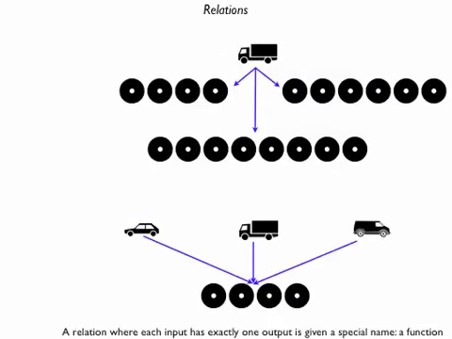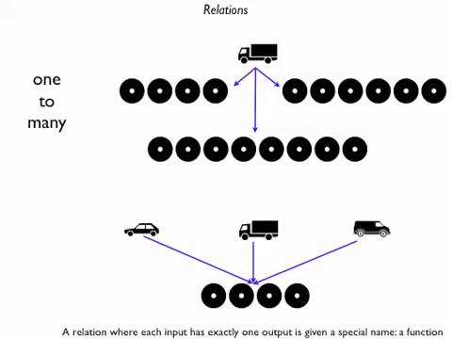Now there's 2 different types of relations that we need to know about. Look at the top here, you'll see the big truck, and it's pointing to 4 wheels, it's pointing to 6 wheels, and it's pointing to 8 wheels. This is what we call a one-to-many relationship. The one input has many, many outputs. But look down at the bottom.